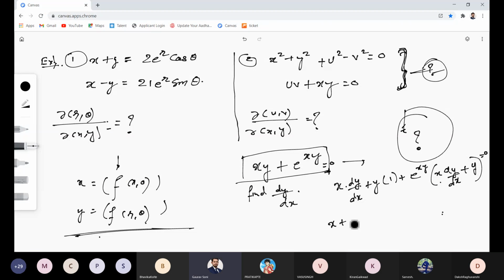So x plus x into e to the power xy, dy by dx, is equal to minus 2y, and so dy by dx will be equal to minus 2y upon this bracket. What were this kind of functions called? Where you had a mixture of dependent and independent variables.